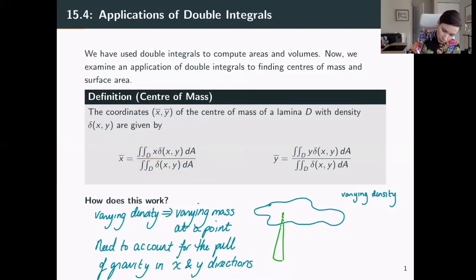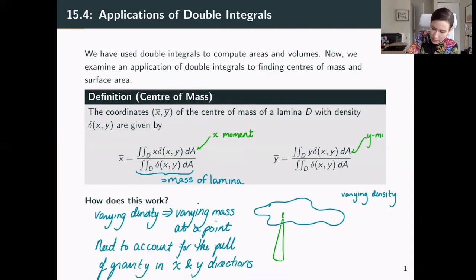This double integral of density is always going to equal the mass of the entire lamina, versus the top portion with our integral with x and delta. This is what we are going to call the x moment. And same thing here, this integral is what is known as the y moment.